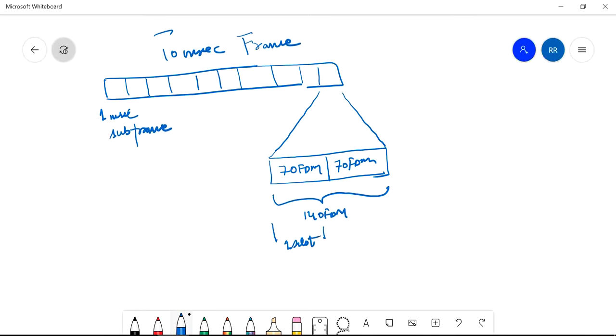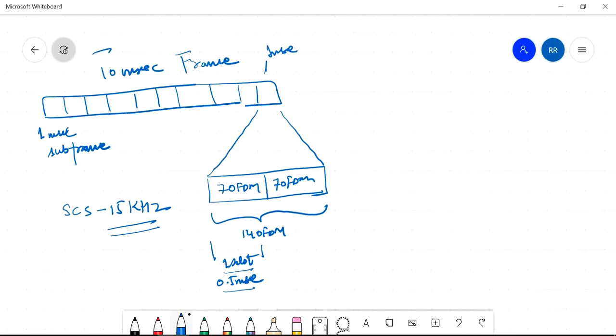One slot used to be 0.5 millisecond, because we further divided this 1 millisecond subframe into two parts. So one slot is 0.5 millisecond and has 7 OFDM symbols. That is just the refresher. And subcarrier spacing was fixed at 15 kilohertz in LTE, right?